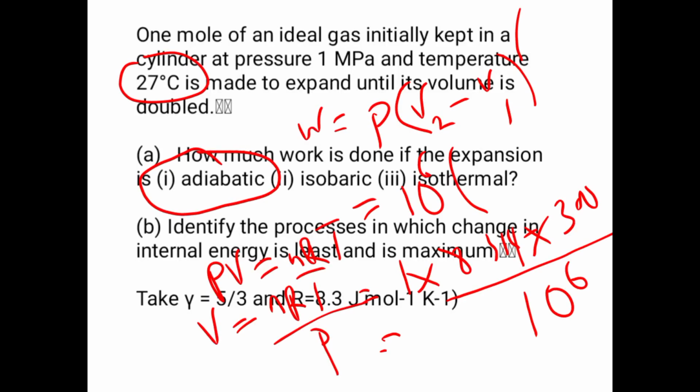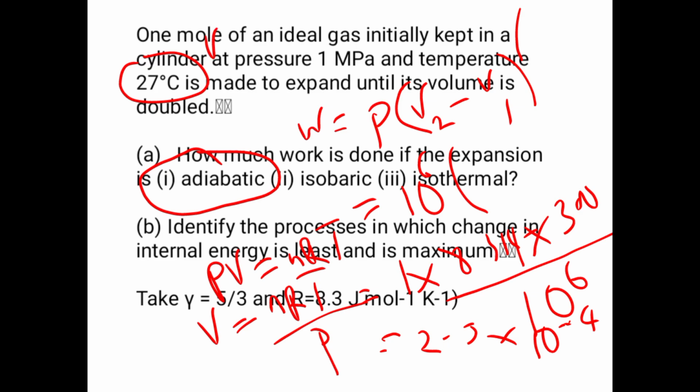This gives us 2.5 times 10 to the power minus 4. So that is our volume, and that volume there is V1. But we are told that it is made to expand to twice its volume.